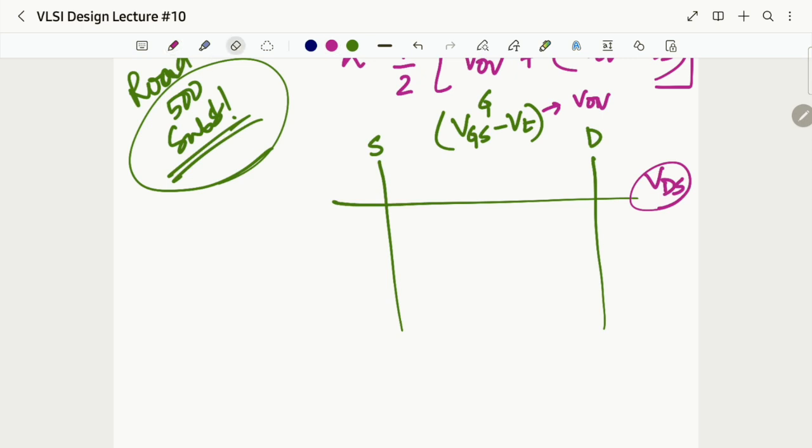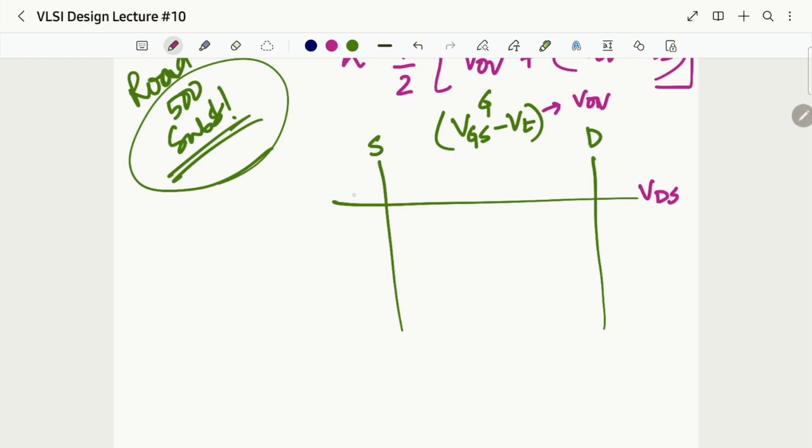So before applying VDS, what did we discuss? That the voltage drop across this was VOV only, because only one voltage is there, so that will be prevalent. Now, the moment we apply VDS, there will be a voltage drop because there are two voltages now.